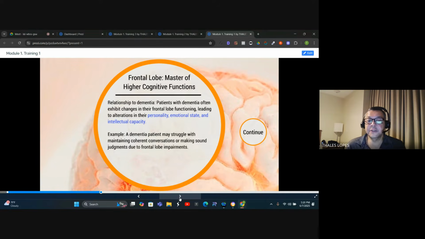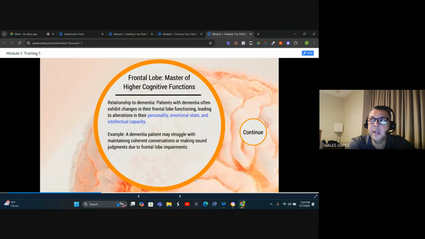Dementia patients, they struggle with maintaining coherent conversations or making sound judgment due to the frontal lobe impairment. So if one has lack of insight and judgment, right, it would be the frontal lobe.